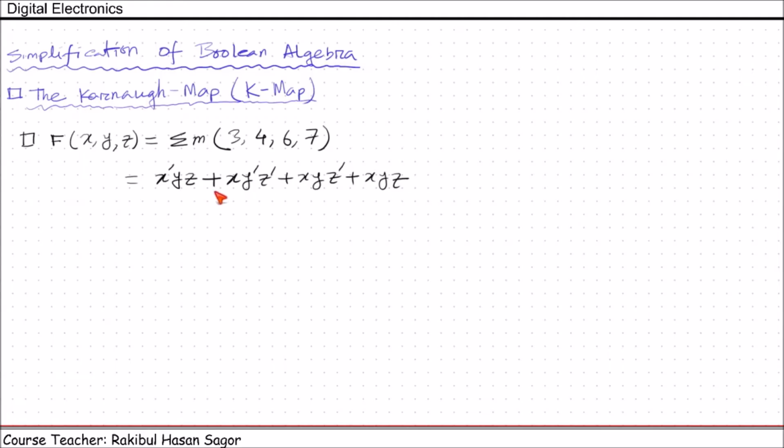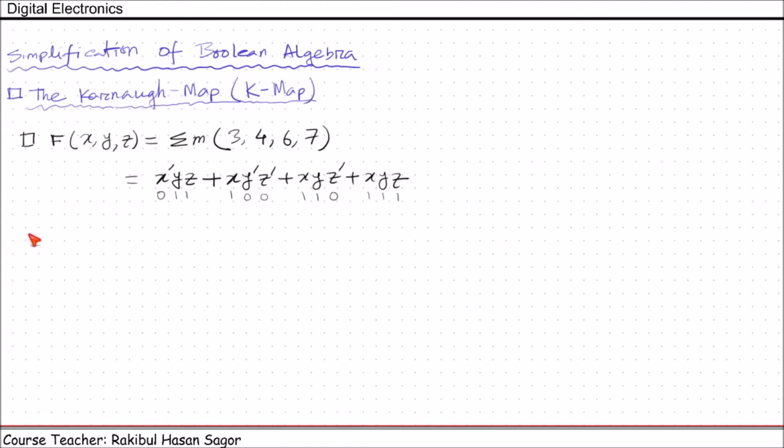Now we can simplify this function using the algebraic method and we'll get the result, but we'll simplify this function using the Karnaugh map method. So I write these values: 0, 1, 1; 1, 0, 0; 1, 1, 0; 1, 1, 1. As we have three variables, we need to go for three variable mapping.